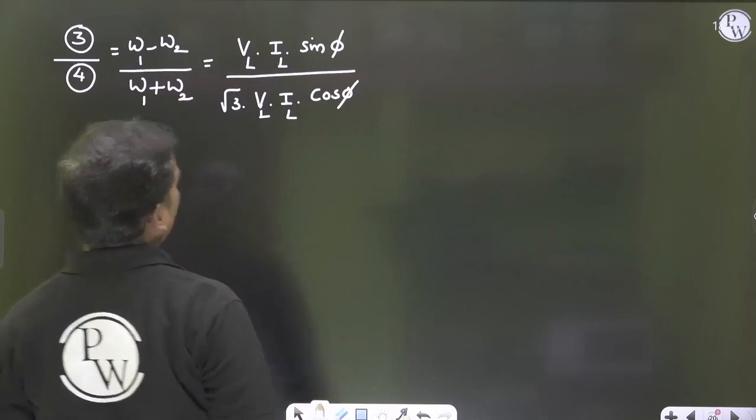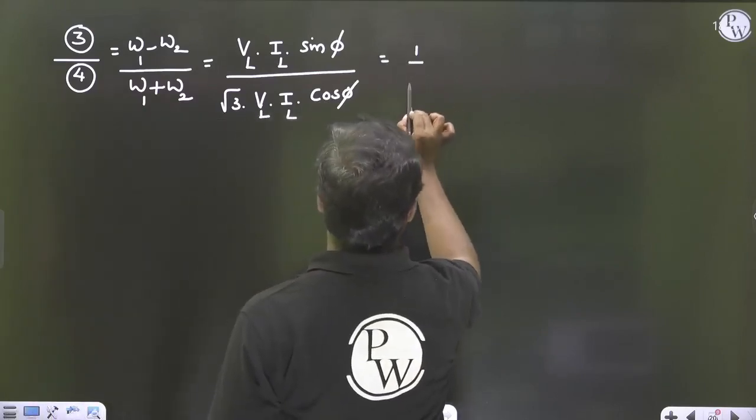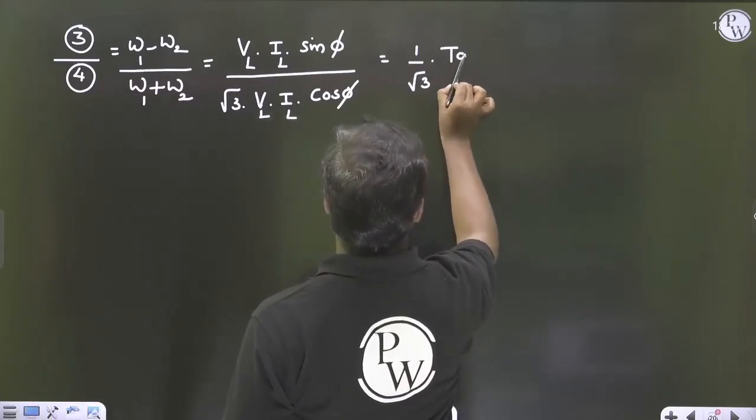So VLIL gets cancelled, and I am going to get 1 by root 3 tan phi.